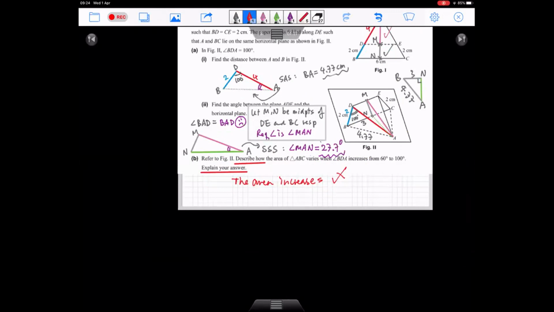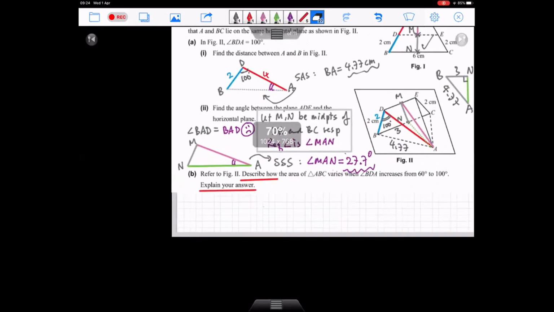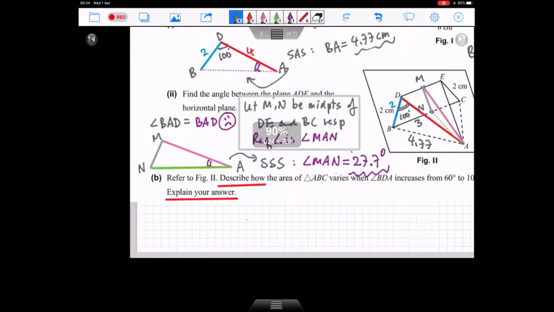This description question has 3 marks. You have to describe what the area was when the angle is 60 degrees, and what the area was when the angle is 100 degrees. You have to describe in quantity, if possible.